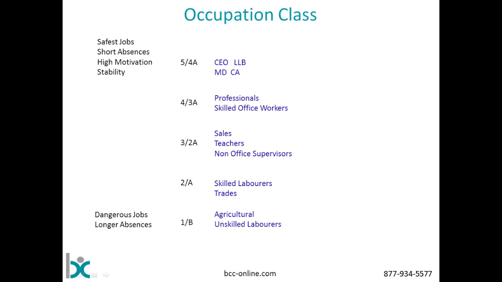And then imagine if our miner does go off skiing for the weekend and breaks his leg, just as our accountant had. Well, our miner is not in a position where he's going back to work on a cast and crutches. So these people would also have longer absences if they had to be away from work.